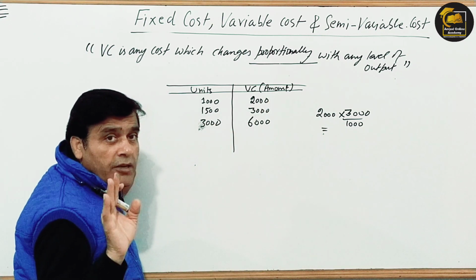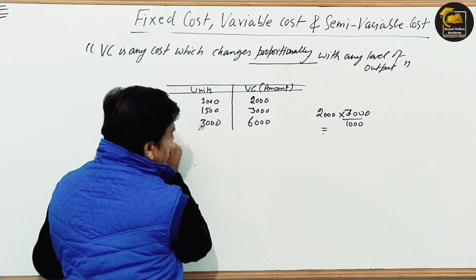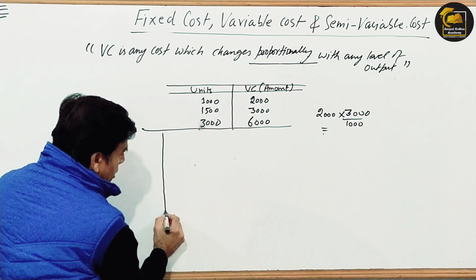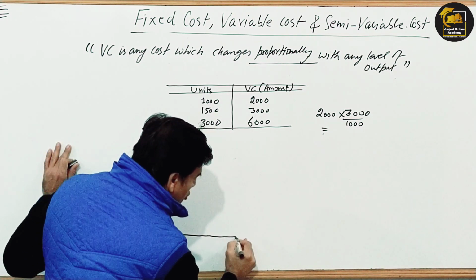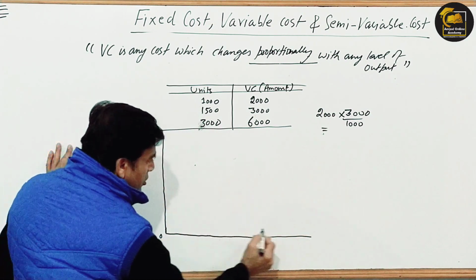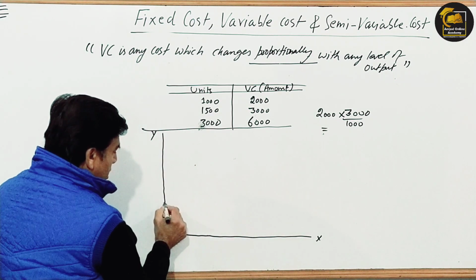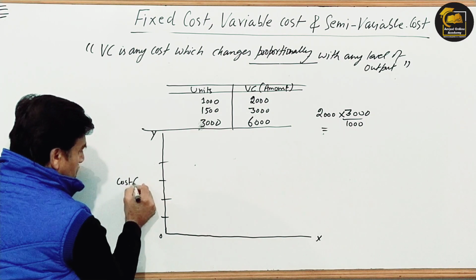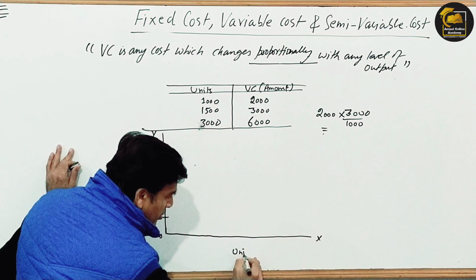This is the variable cost, and when you present it diagrammatically, you might have already understood. This is again 0, again the x-axis, again the y-axis. On the y-axis the cost in amount or rupees is always shown, and here the units.